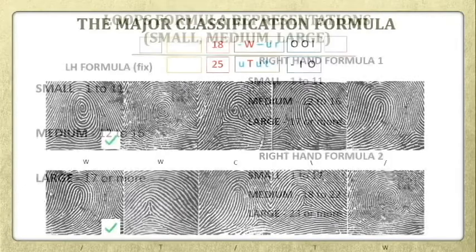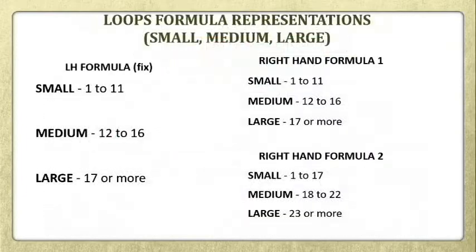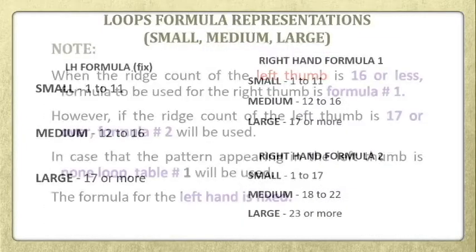If there is no loop in finger number 6, and again, if fingers number 1 and 6 are loop patterns, this rule is applicable.